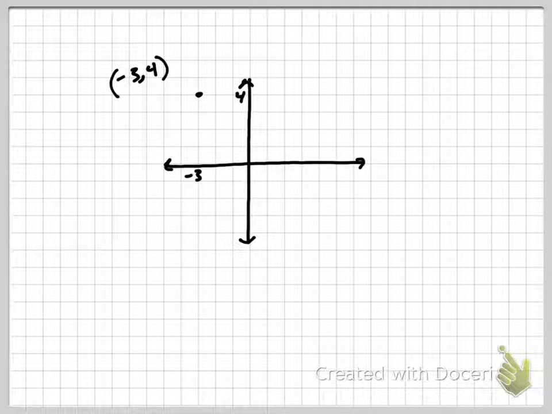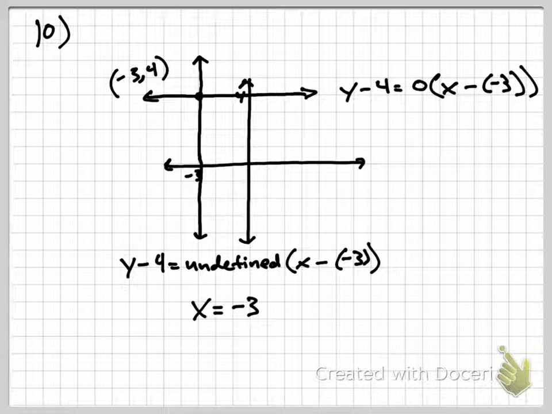Now, a lot of people got confused by number 10. It says, provide the equation of a vertical and horizontal line that goes through the following point in point-slope form. Okay? So we will talk more about this in class, but let's take this one at a time, right? We have the point here. Now, a horizontal line going through that point looks like that, right?